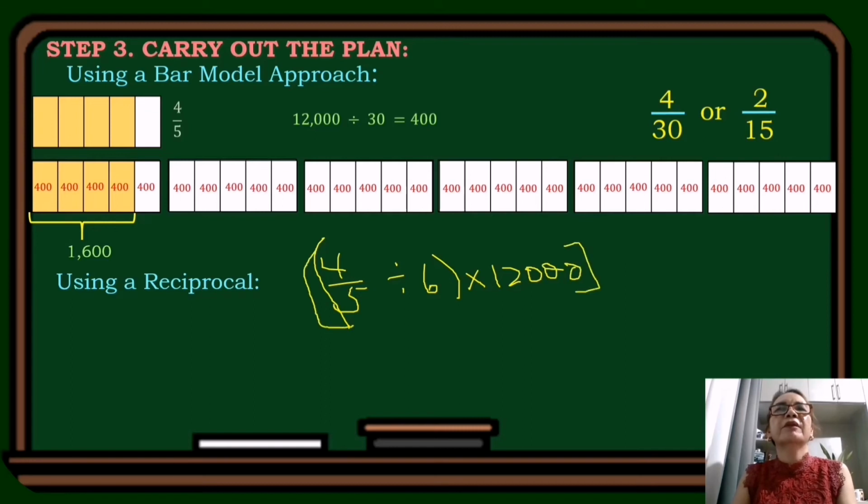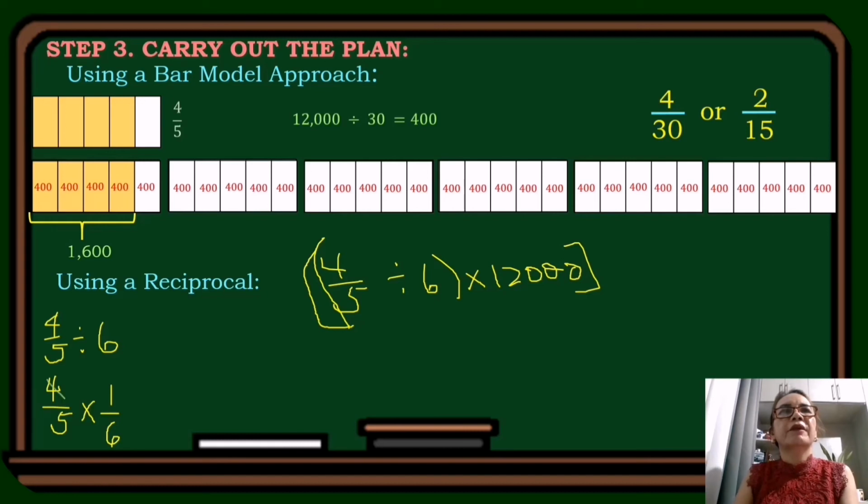So we have to answer first the first step, which is 4/5 divided by 6. Of course, we will copy the dividend 4/5 and then change the sign from division to multiplication, and then the reciprocal of 6, which is 1/6. We have cross cancellation.